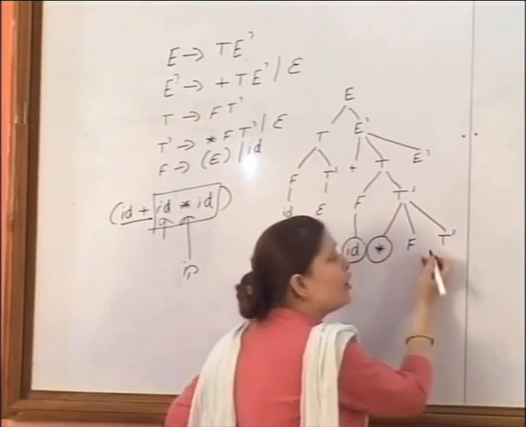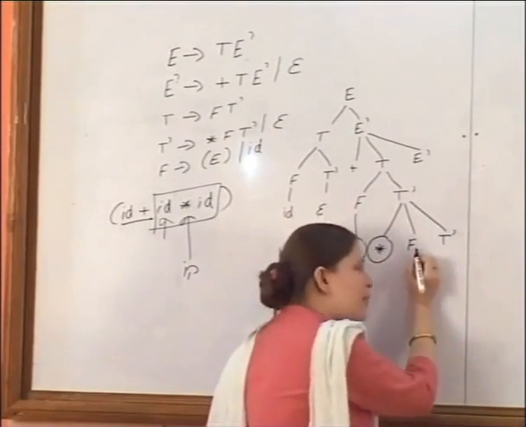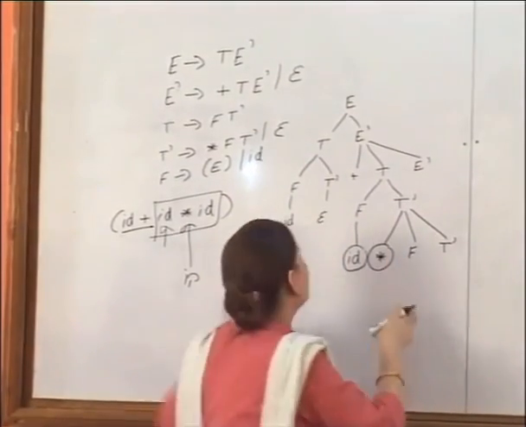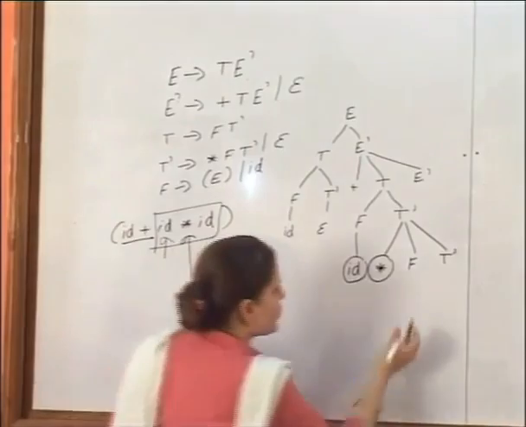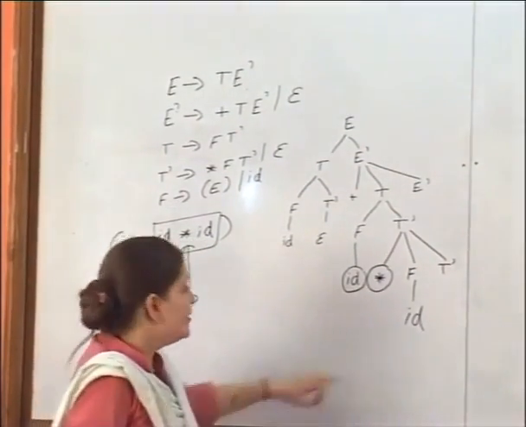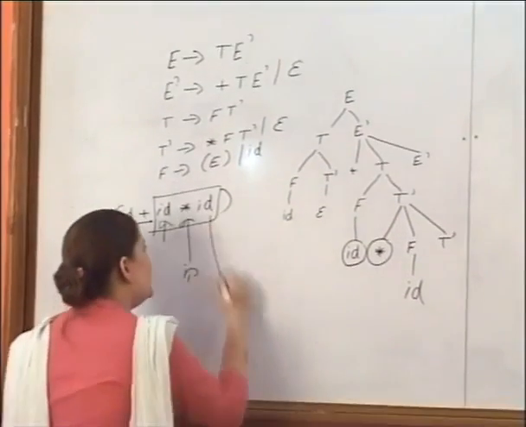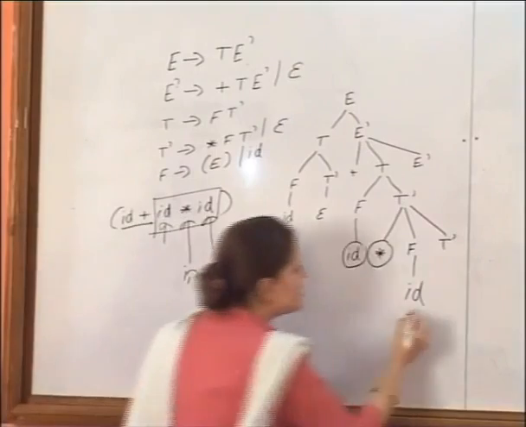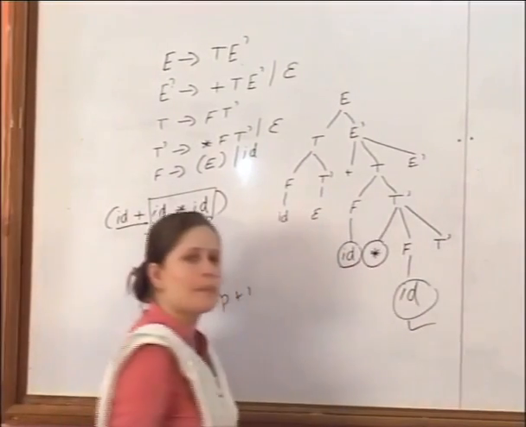When we look for the next sibling node, that is capital F, we need to expand this capital F for its respective production. So F is replaced by ID. This ID matches with my next input pointer and this is successfully passed.